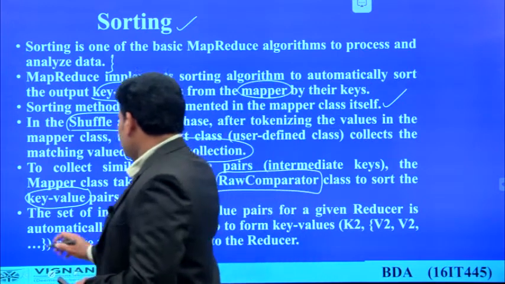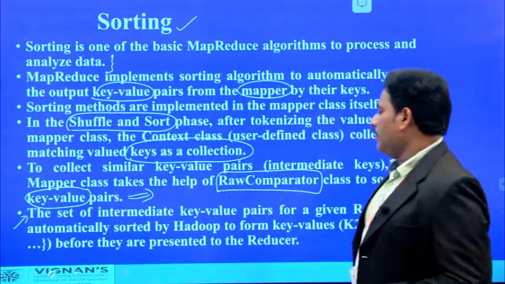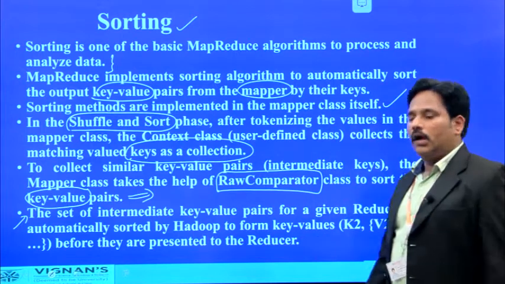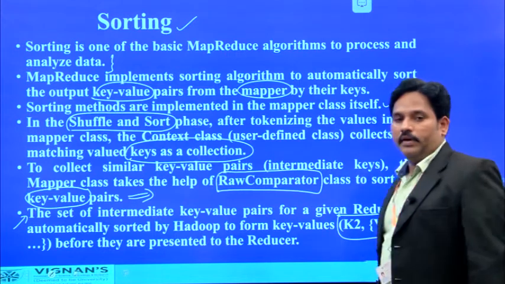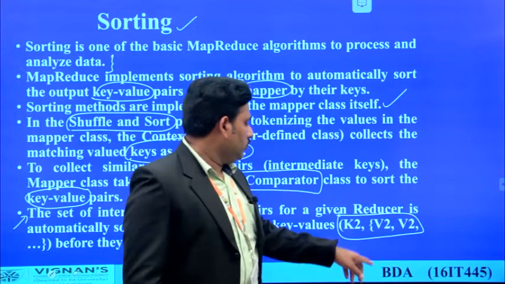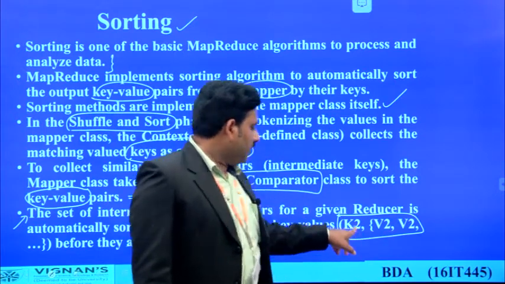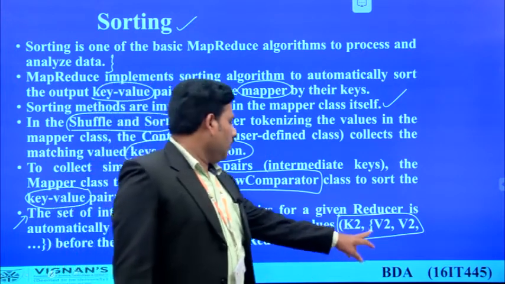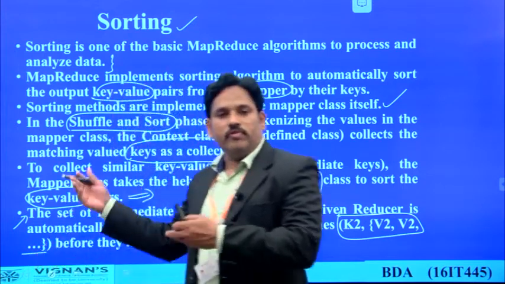Now we will see this. The set of intermediate key value pairs for a given reducer is automatically sorted by Hadoop by combining a list of key values. Let us take the key K2 and relevant values V2, V2 and so on up to Vn.